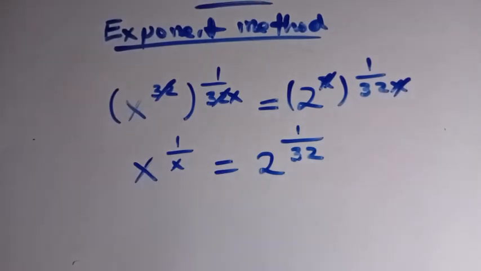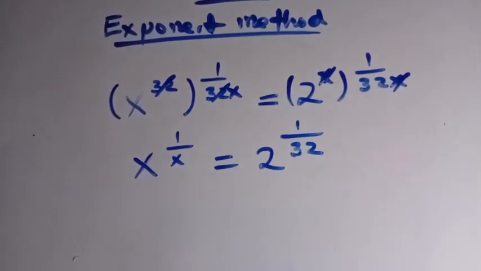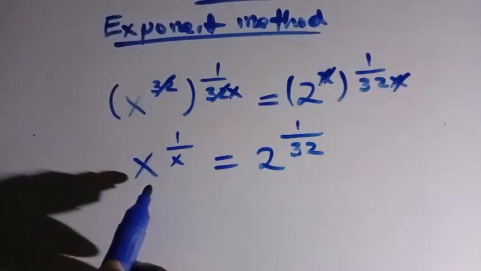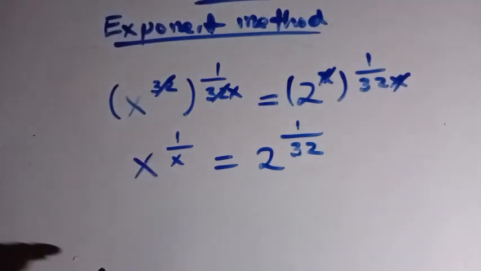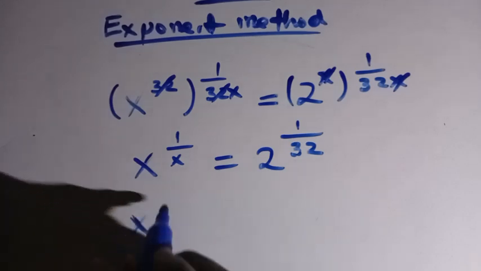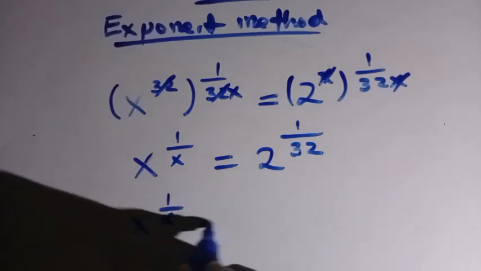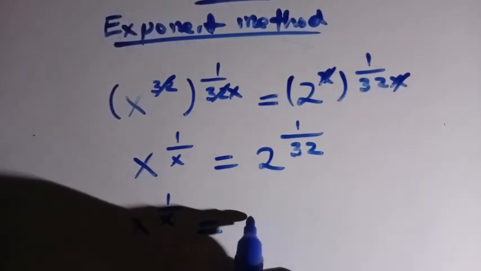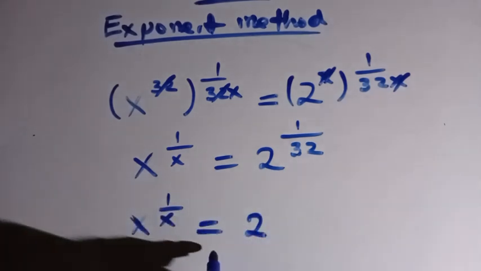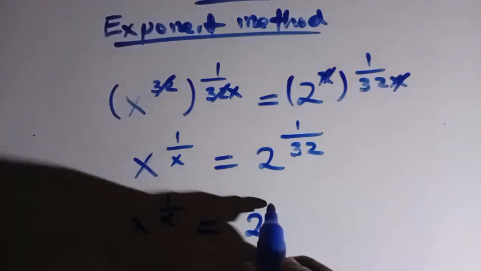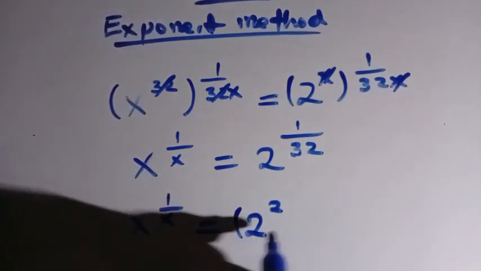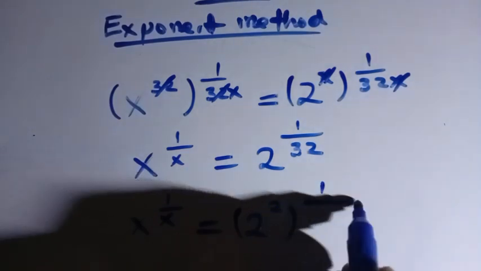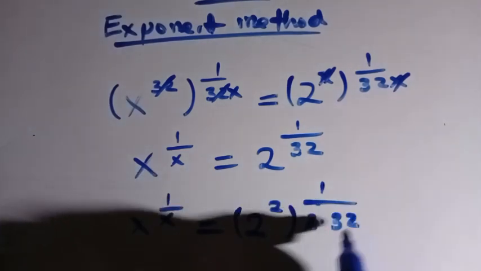So I'm getting to this stage. We are going to leave this side as it is, and keep manipulating this until we have the same base and the same power. If I change this 2 here, I'm going to multiply the power by 1 divided by 2 times 32.